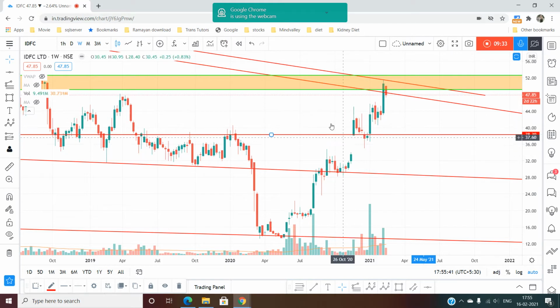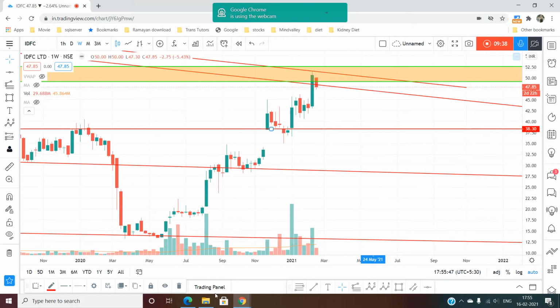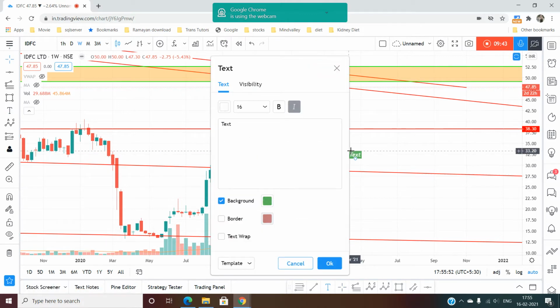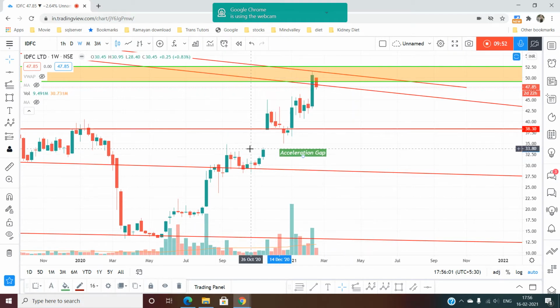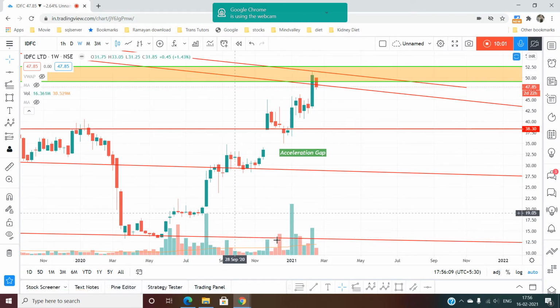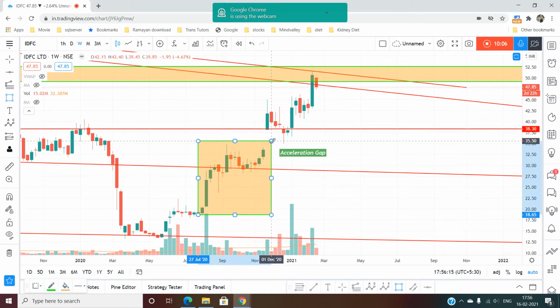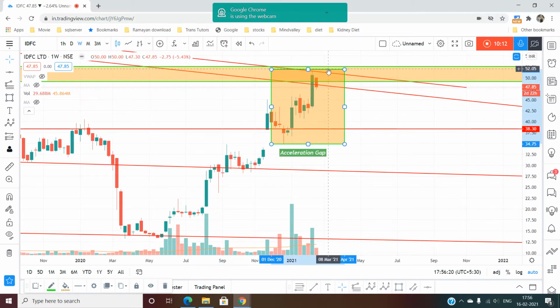So you can see there's a gap. This is called an acceleration gap. That is very important. It accelerates this particular stock to move upside. It is also called a measuring gap. Let's say we take 50% of this gap and measure higher, and you see where it stopped.